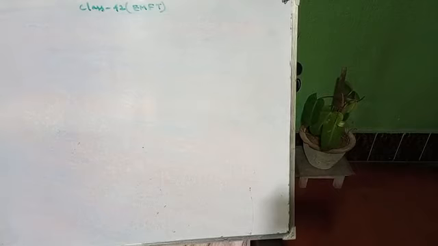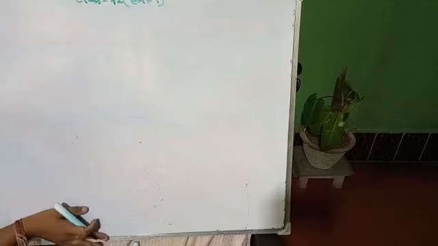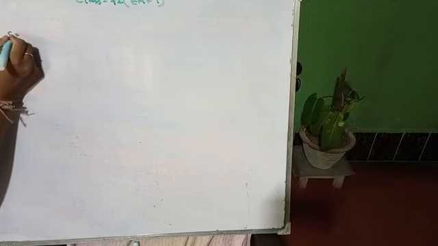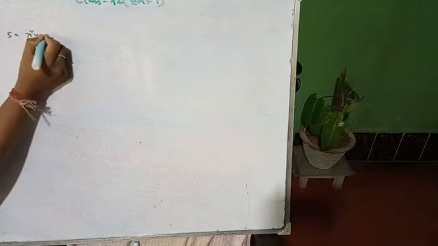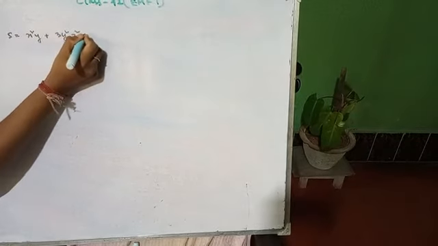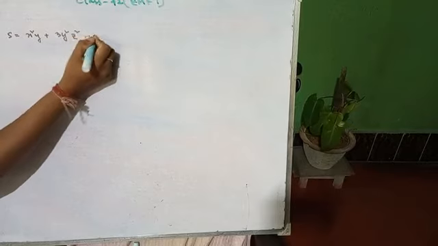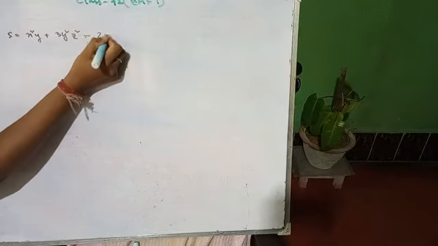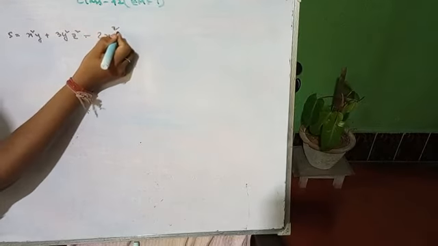Problem number 5. S equals x square y plus 3y square z square minus 2x square z cube.